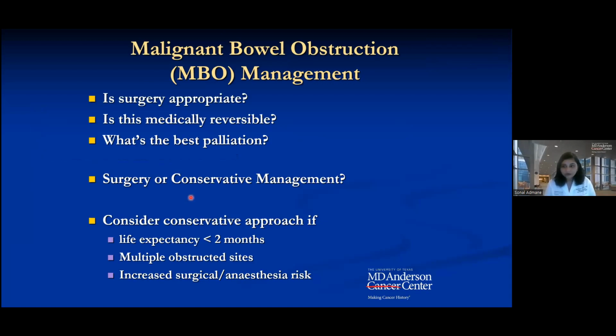Also, at this point, I think is a very good time to reassess the prognosis in patients with malignant bowel obstruction and have those conversations as far as their goals of care are concerned or as far as their prognosis is concerned, because the management and the long-term management really depends on these factors.